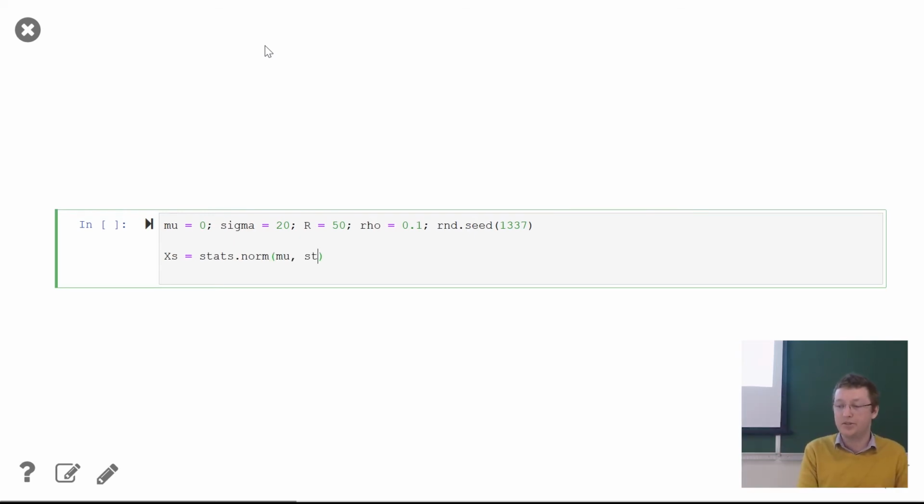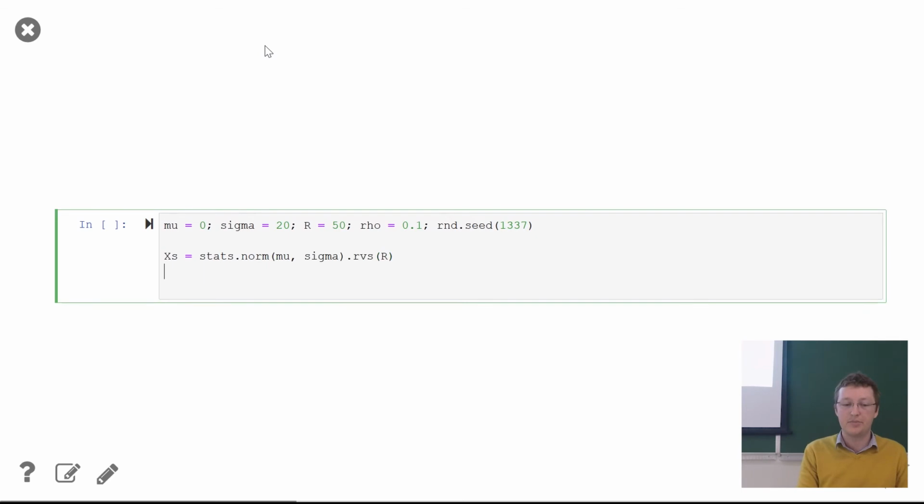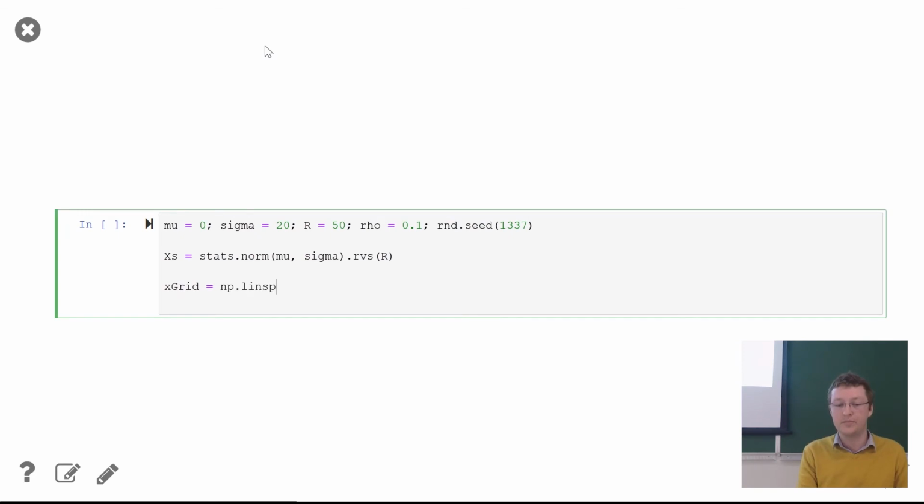So from the normal distribution with that mean and standard deviation, say I want capital R of them. So let's just plot them for now to see where they fell. So we'll make the x grid between -5 and 5, or if the smallest value of the x's is less than that, then we'll plot it back even lower.